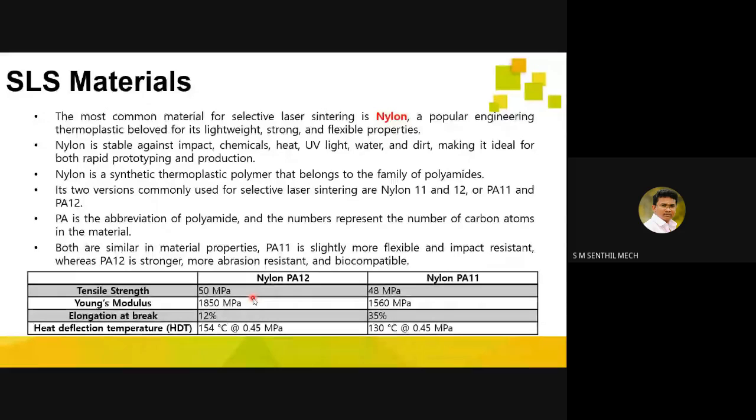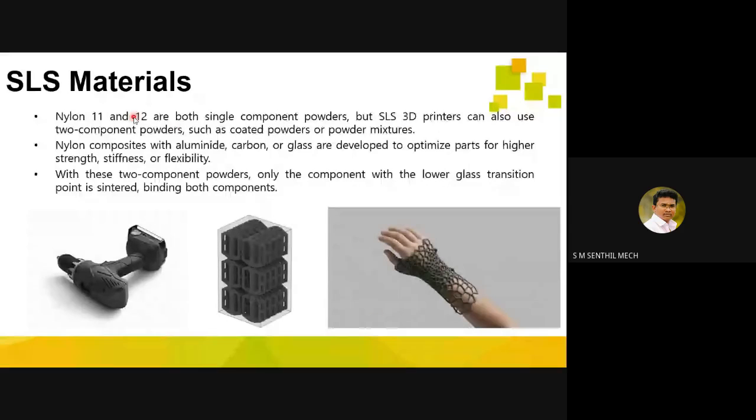Of course, nylon 12 and nylon 11 are single component powders. Single component means they have only one material: if you are using nylon 11 alone, all your powders must be nylon 11. You can't mix it. But there are SLS printers now being used which have two component powder capability.